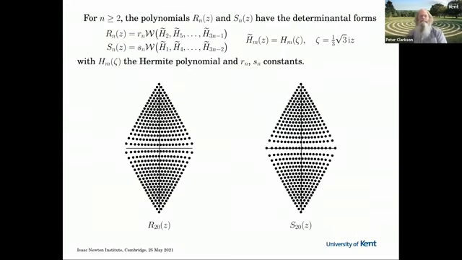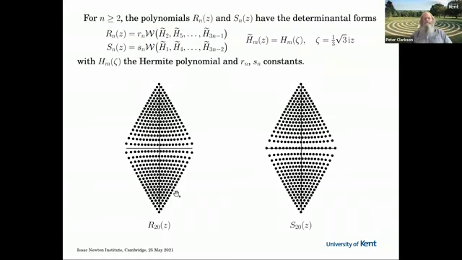Now, if you look at the roots of them, it can be shown they have deep-dimensional forms. Starting with H2 tilde, which is just a scaled version of a Hermite polynomial, you take every third one starting with H2 for the R's, and the S's every third one starting with H1.